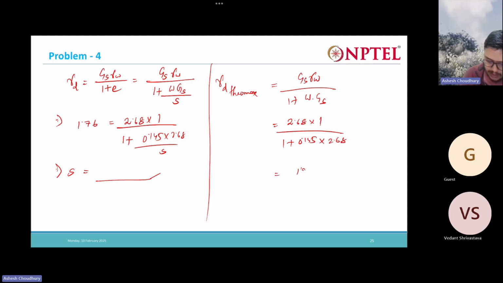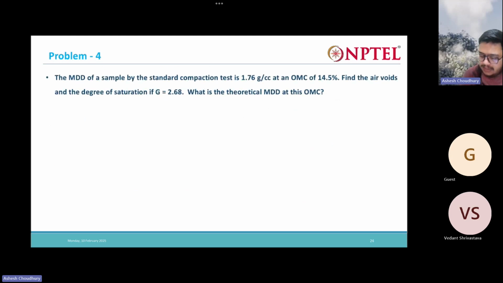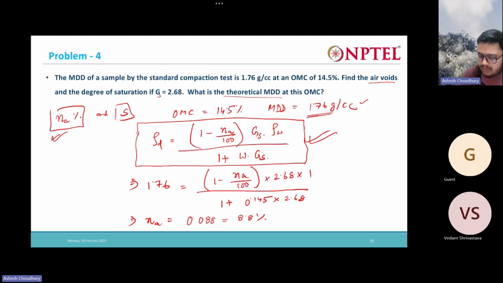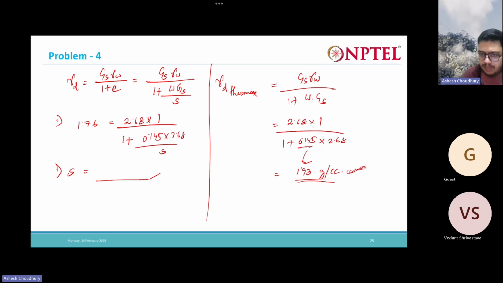We will get 1.93 gram per cc. So at this much water content, this is the theoretical maximum dry density, but in actual case we are having a dry density of 1.76. So as I said, the actual maximum dry density will always be less than this theoretical maximum dry density.